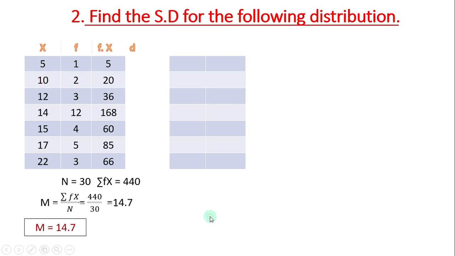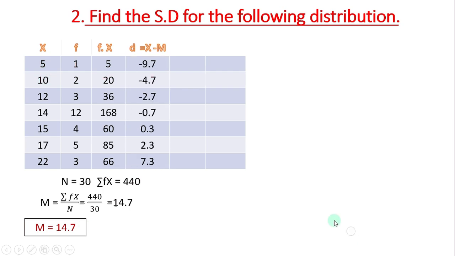Now you know d is equal to x minus m. So x here is 5. 5 minus 14.7 will give minus 9.7, and then minus 4.7, minus 2.7, minus 0.7, 0.3, 2.3, 7.3. Now square it, d square.